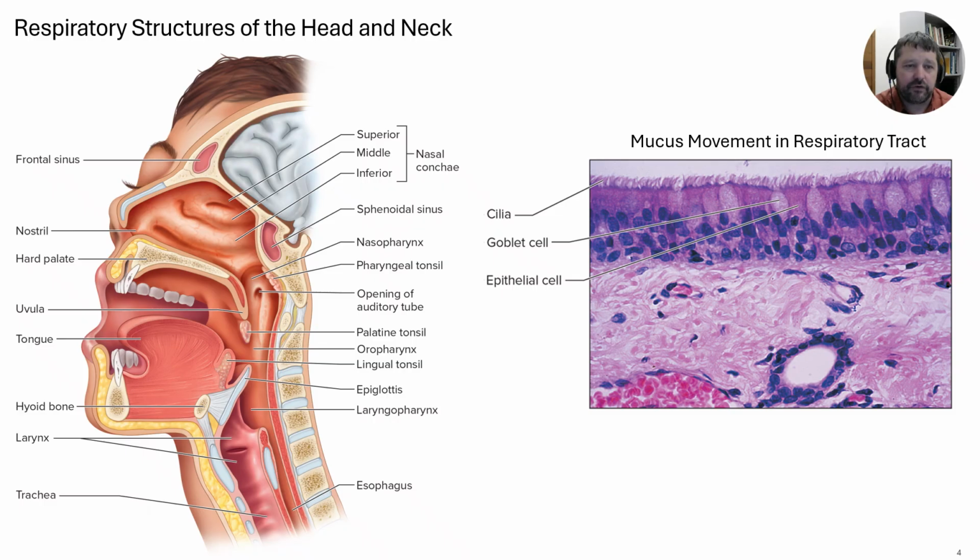That mucus will then capture things, and it can be pushed towards the back of the throat, and then you can swallow it, and it can go down through the esophagus to the stomach.